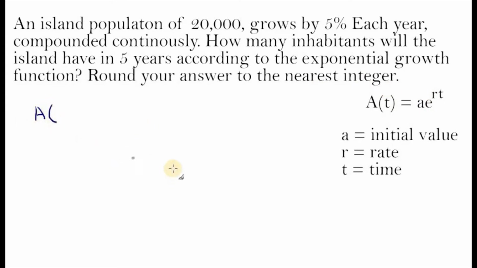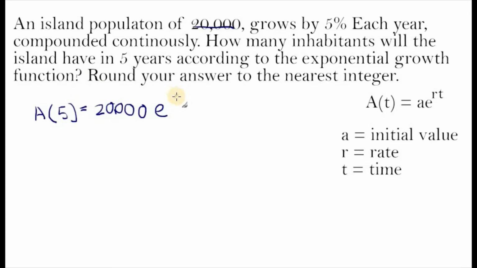So A of t, where t is the time, which is 5 years, is equal to, now everywhere you see t, you'll be putting in 5. First you need A, which is the initial value, the starting number of people, which is 20,000. E raised to the rt.